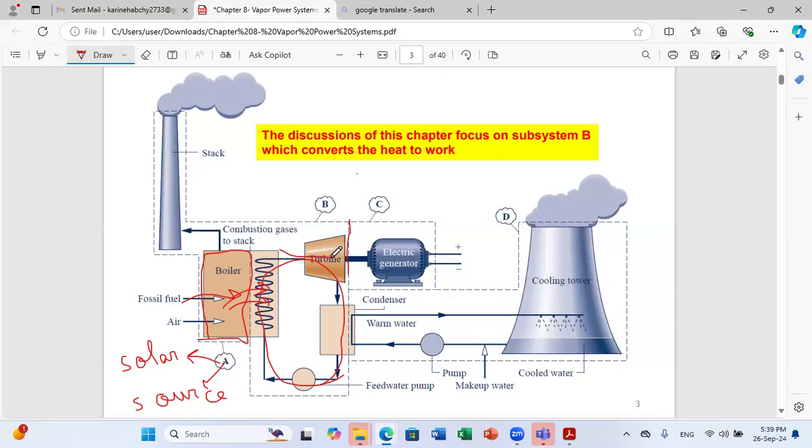So it will produce work. It will lead to mechanical energy of rotation of a shaft. And by the invention of the electric generator, we are able to convert this mechanical energy into electricity. So at this level, you have the output. You are producing a certain electrical output.